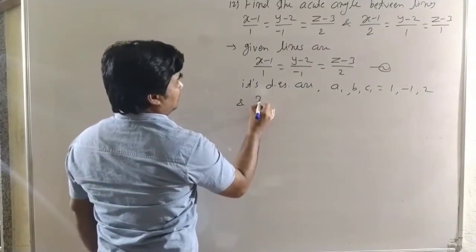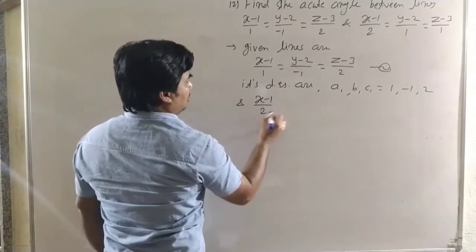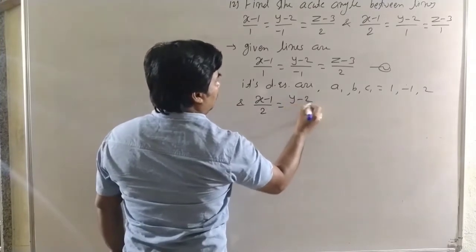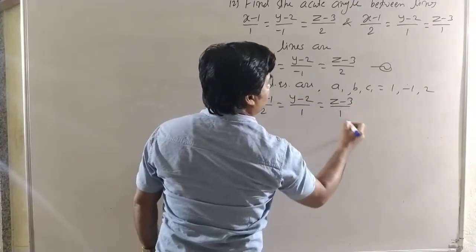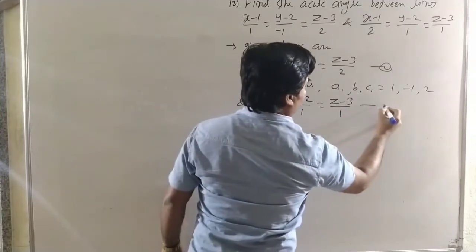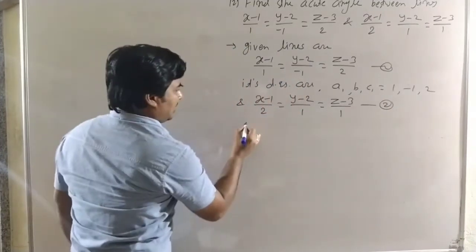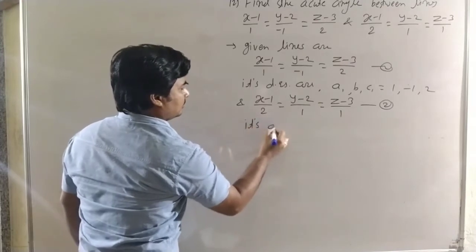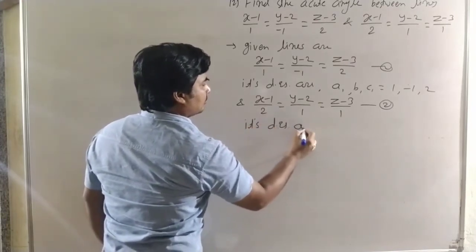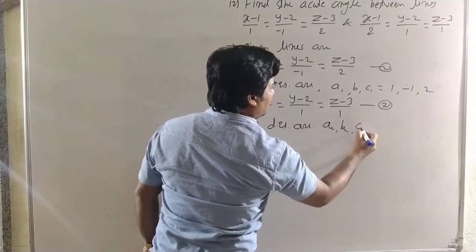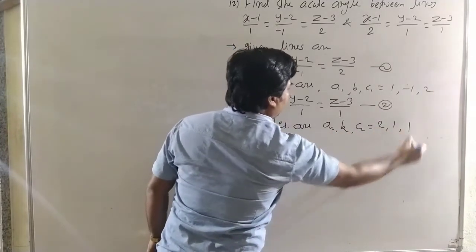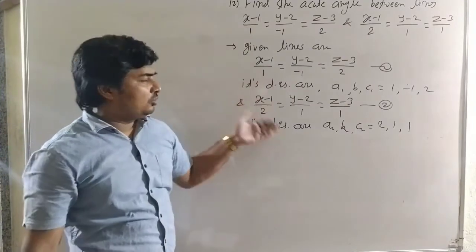The second line, equation number 2, is (x minus 1) upon 2, (y minus 2) upon 1 and (z minus 3) upon 1. Its direction ratios, a2, b2 and c2, are 2, 1 and 1. We know the direction ratios of both the lines.